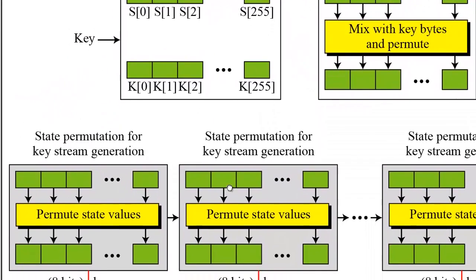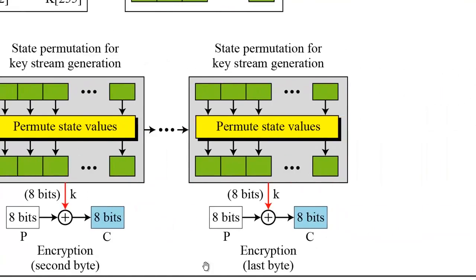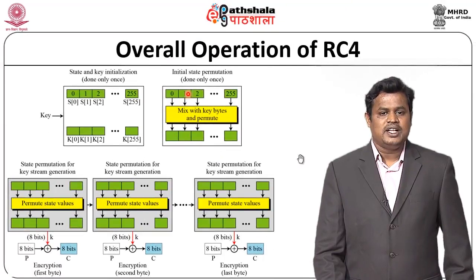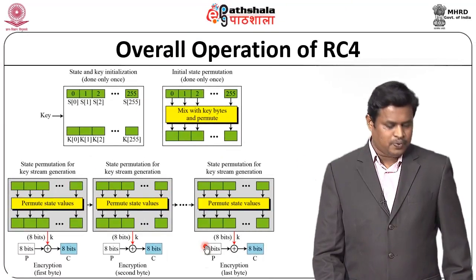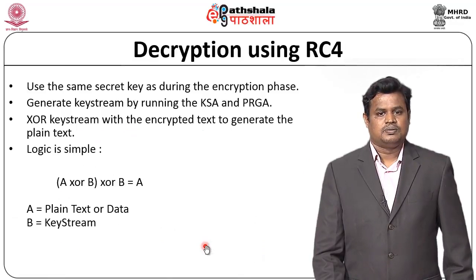Once it is done, we see the encryption process with the help of the stream cipher: the plain text and your key 8-bit XOR to get the 8-bit cipher text. This is the first byte, then the second byte, till the end of your message. This explains the overall operation of RC4 based on the stream cipher.